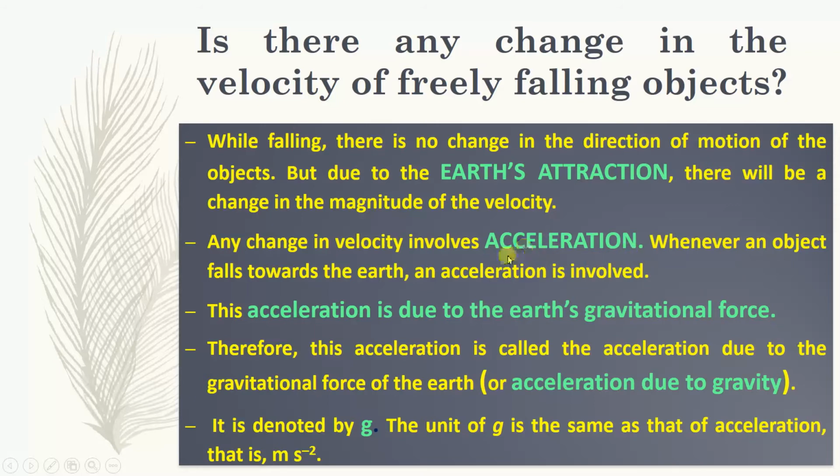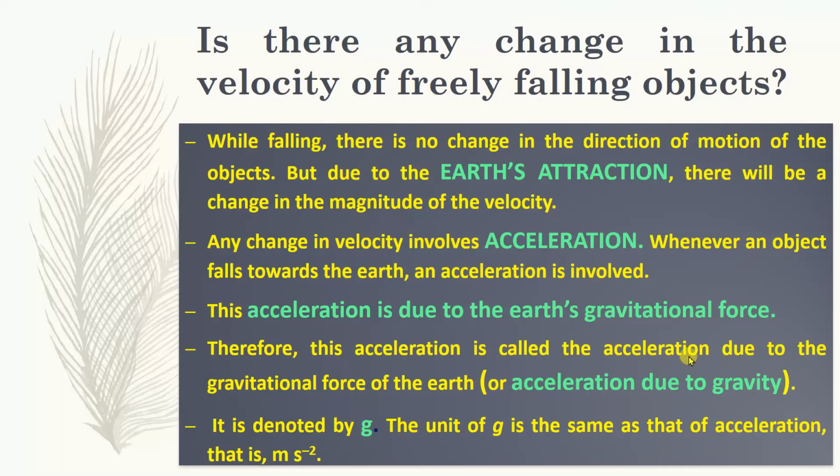And this acceleration is not a simple acceleration. This acceleration is a special acceleration because it is due to the Earth's gravitational force. So, we call this acceleration the acceleration due to gravity. I am repeating, it is the acceleration with which the object will fall freely under the action of only the gravitational force of Earth.